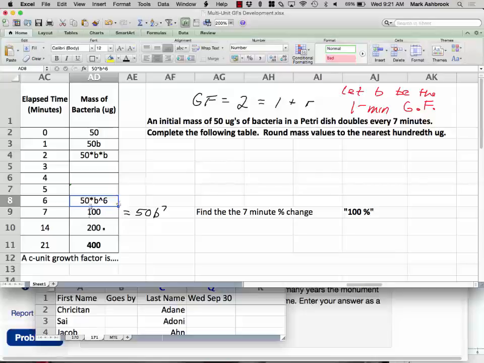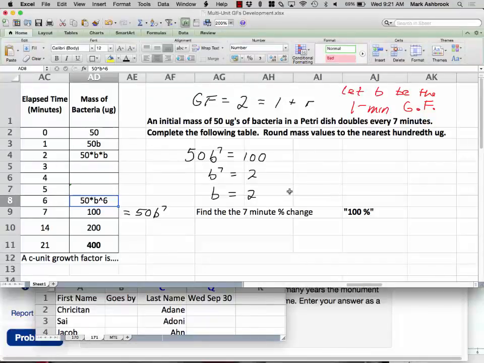Therefore, this is how we can figure out what B is. 50B to the 7th equals 100. Therefore, B to the 7th equals 2, 100 over 50.